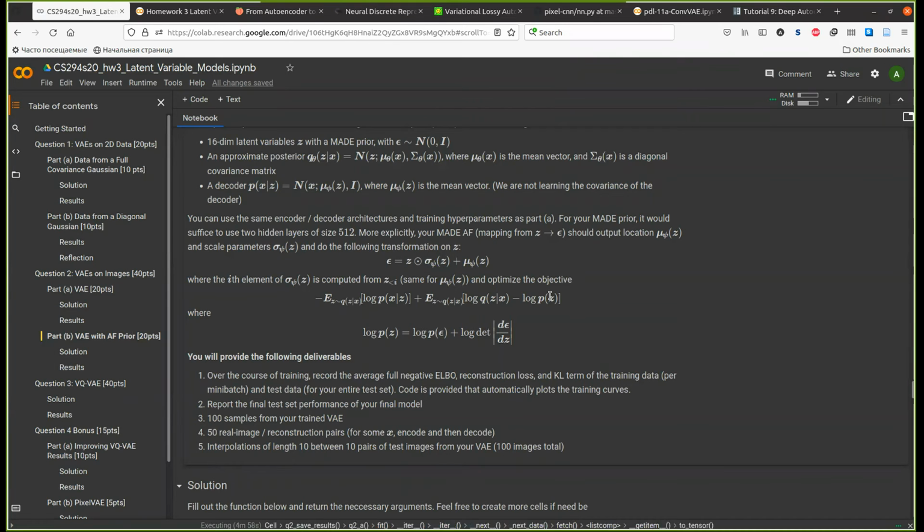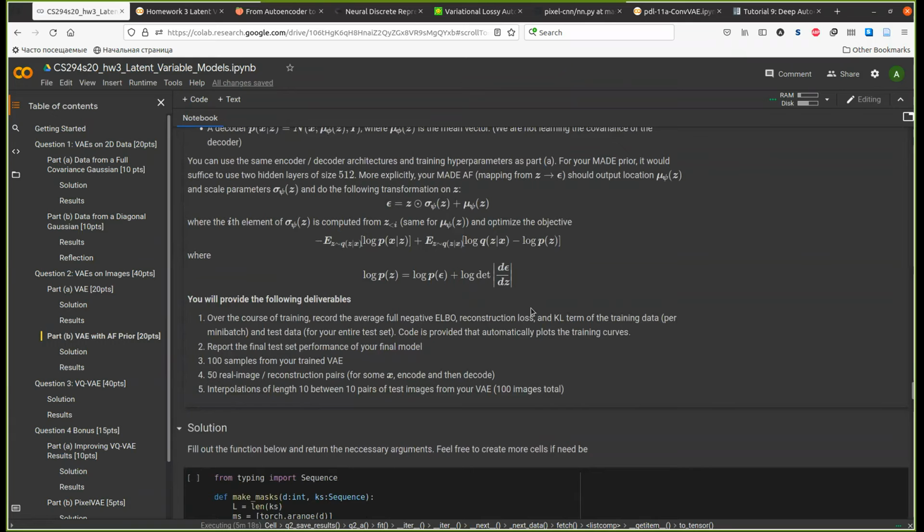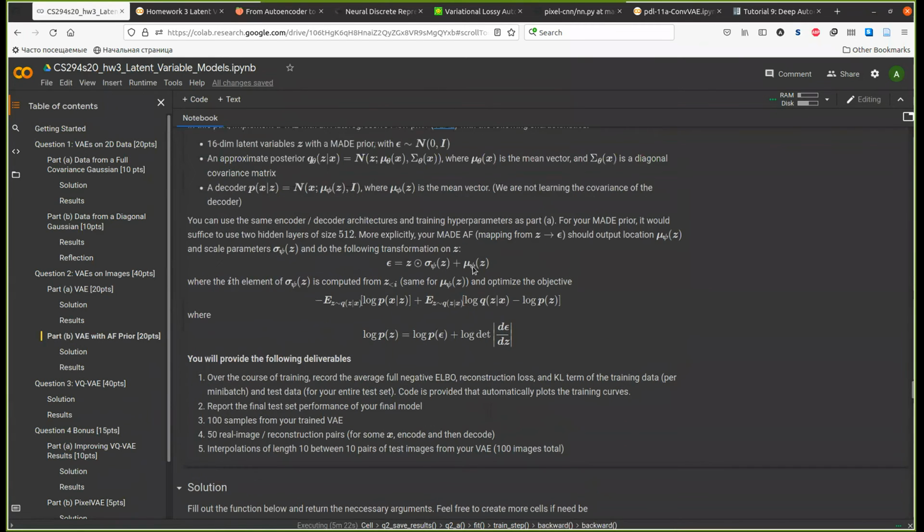But in this case, we can express the P of Z as log P of epsilon plus log determinant d epsilon dz. So that is the change of variable trick used in flow models. And yeah, so that is what we're gonna do.